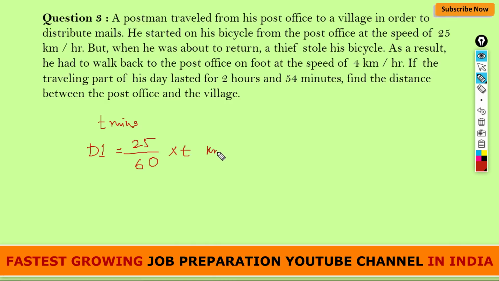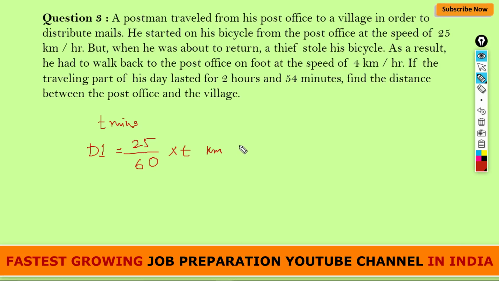I hope you have understood why I have used this 25 kilometers by 60 into t. As we have converted 25 kilometers into 25 by 60, we have converted into minutes because we are taking the t in minutes.